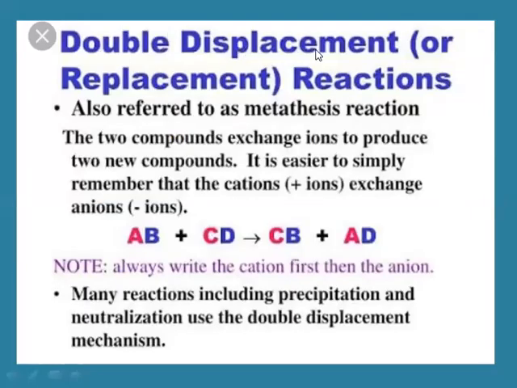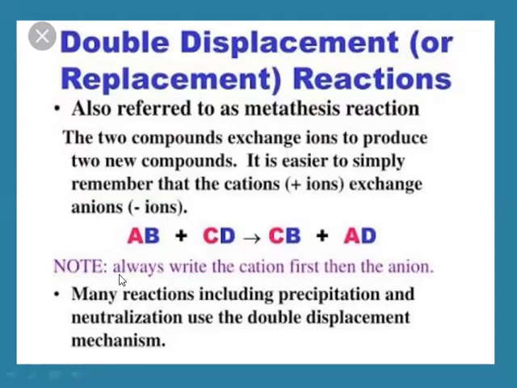Double displacement or replacement reactions are also referred to as metathesis reactions. The two compounds exchange ions to produce two new compounds. It is easier to simply remember that the cations or positive ions exchange anions or negative ions.